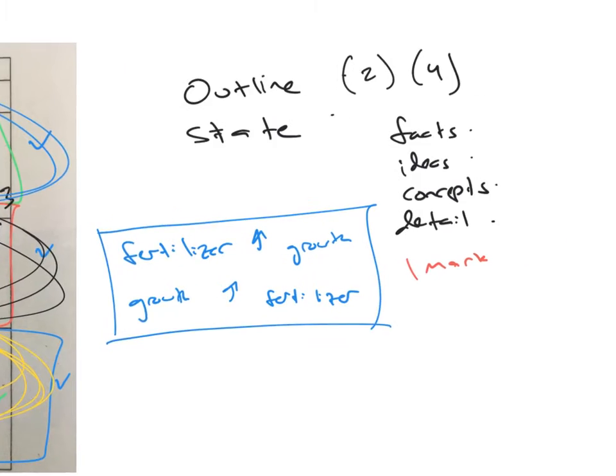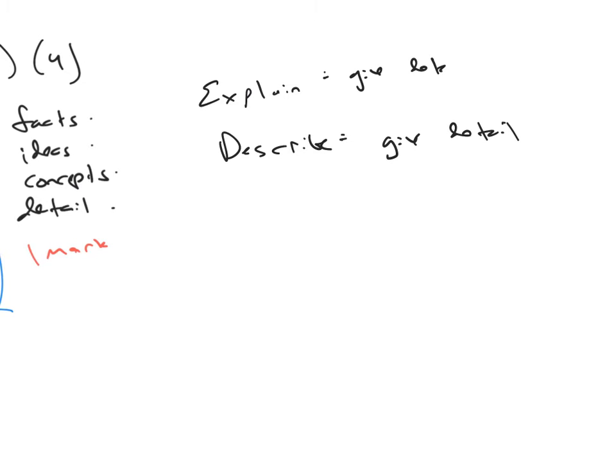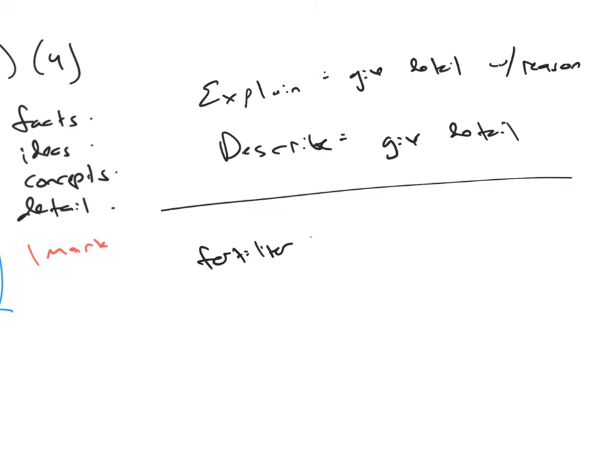The next 2 command terms you see a lot are explain and describe. Describe means to give detail, and explain means to give detail with reason. So I'm looking for a little bit more than just describing the details. Take fertilizer, for example. Fertilizer is made of NPK. It comes from manure.